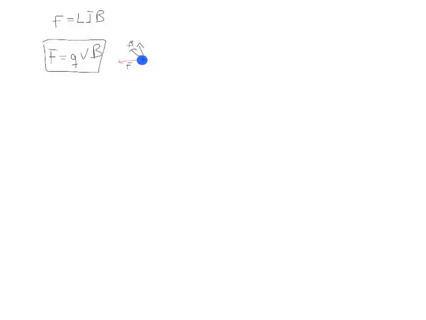So imagine that this is the velocity, and this is the magnetic field. So B, V, and there's a certain angle theta between them. And the thing here is that we're only interested in the component of the magnetic field that's perpendicular to the velocity. This is the only one that's going to have any effect.